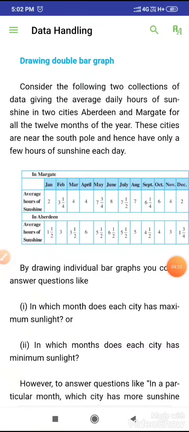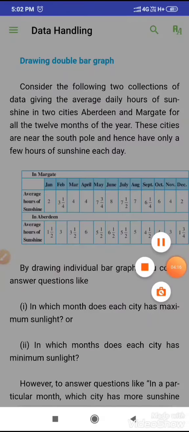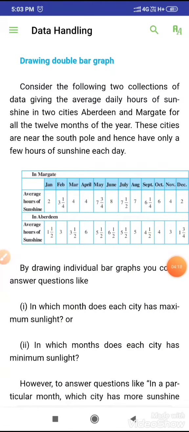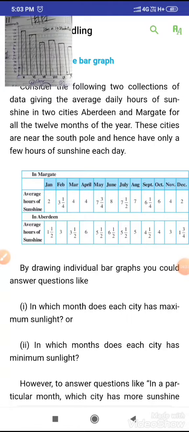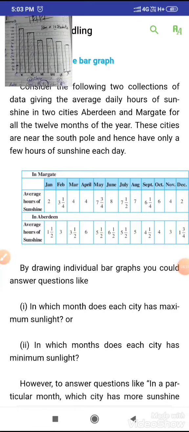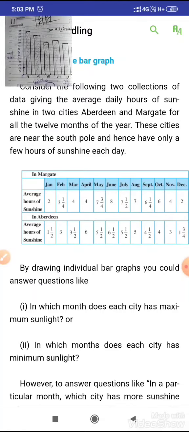Now the question arises: how to draw a bar graph and a double bar graph? In this exercise you will learn 2 types of graphs, simple bar graph and double bar graph. As you can see here, it is a simple bar graph that represents the number of students in different classes.